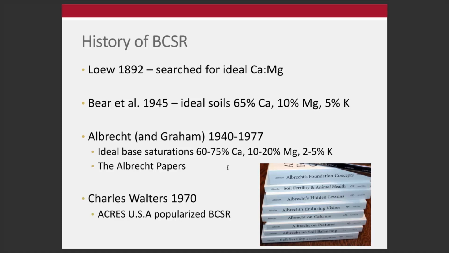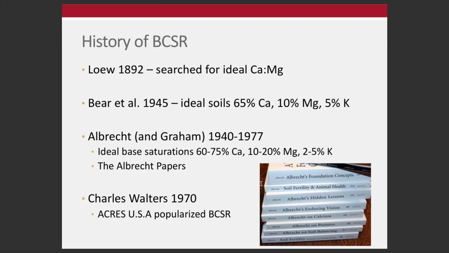Towards the end of his career, he wrote these manifestos, and that's what's pictured here. It's talking about connecting soil fertility to plant nutrition, to animal nutrition or human nutrition, and there's a lot of things written about this.